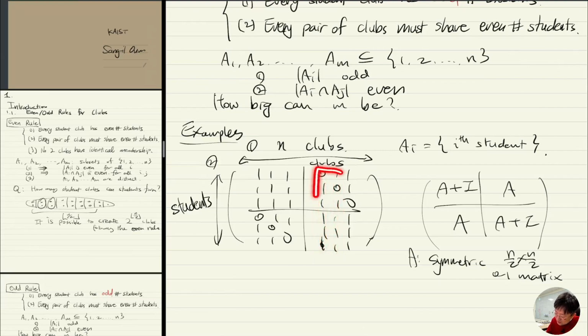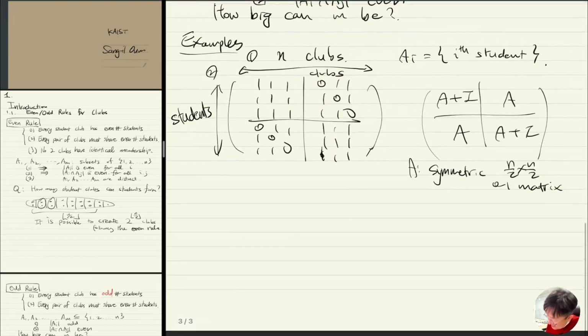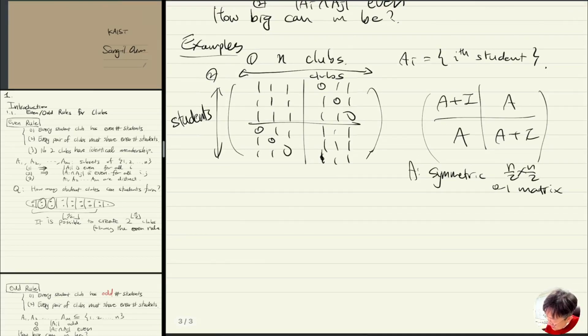Then the intersection here and the intersection there will have the same parity, right? If I take two people on the same side, like i and j, here you have i and j, and there you have i and j.